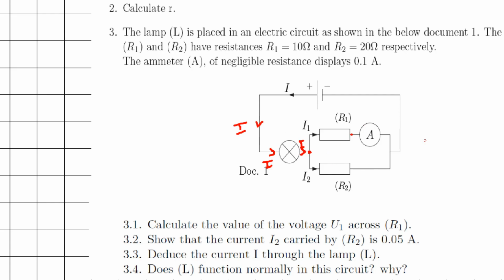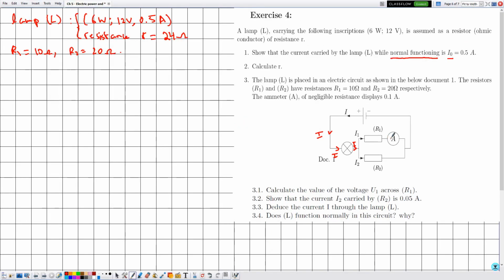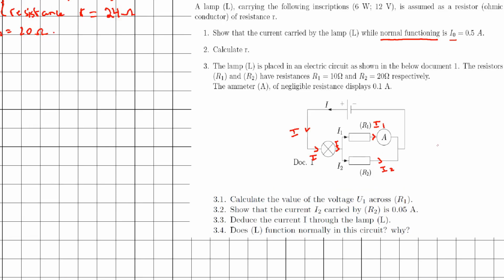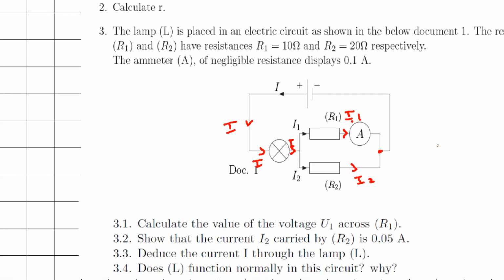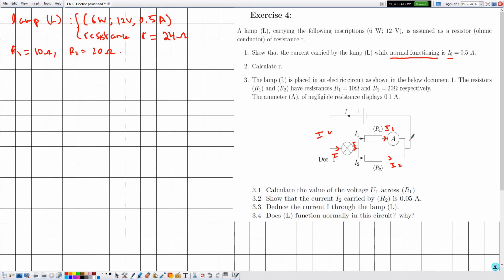So this is not a main branch, this is a sub-branch traversed by the current I1. And this is traversed by the current I2. And at this point, both currents I1 and I2 join back to give me the electric current I. So the electric current that passes through the ammeter is I1, so the value of I1 is equal to 0.1 amperes.